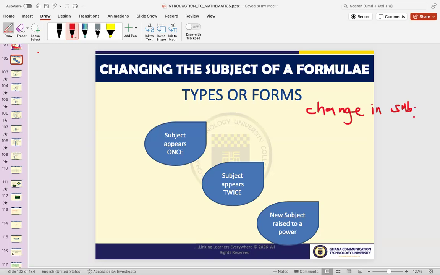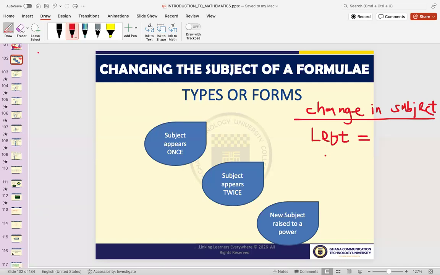Change in subject, because sometimes you are interested in a certain alphabet. The alphabet you are interested in will always be on the left-hand side of the equation when you are done with the change of subject.